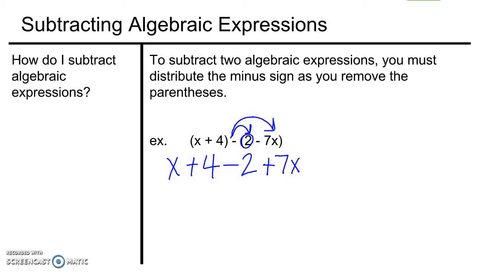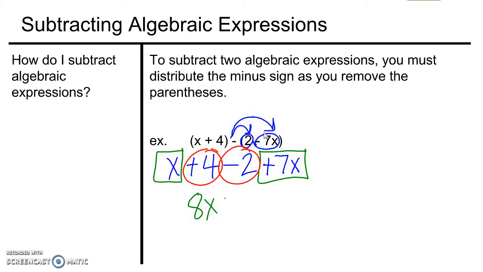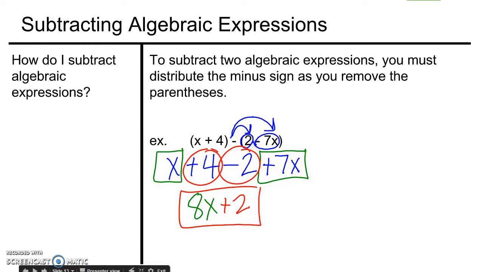I'm switching the sign of each of these terms inside the parentheses. From here, I'm going to combine like terms. So I see x plus 7x is going to be 8x. And then I see plus 4 minus 2. Signs are different, so I subtract and keep the sign of the bigger number. That would be 2. So our simplified expression is 8x plus 2.